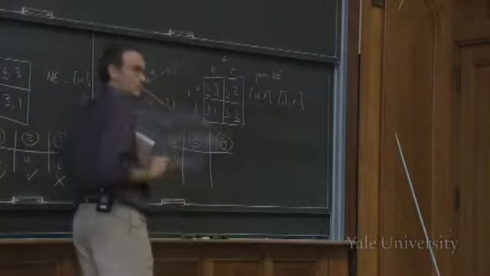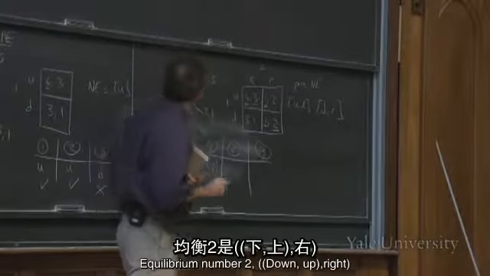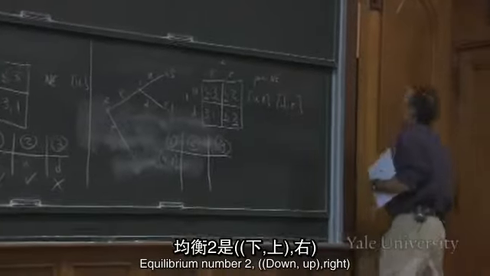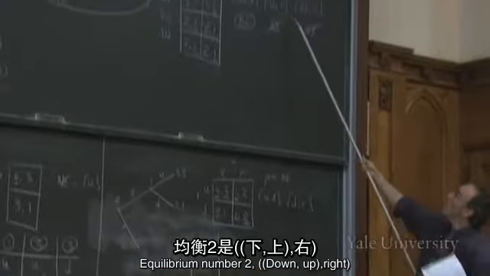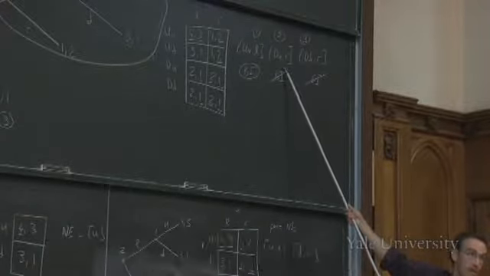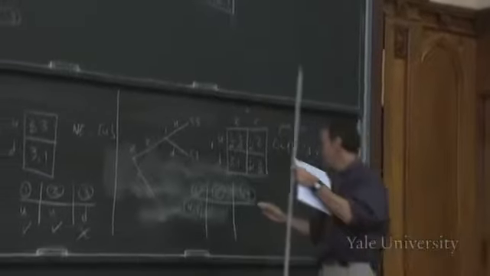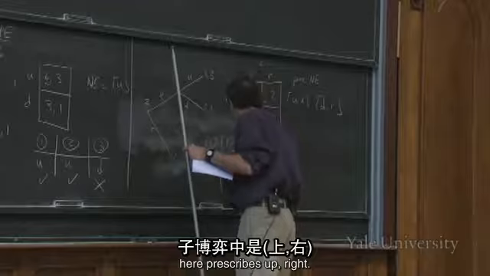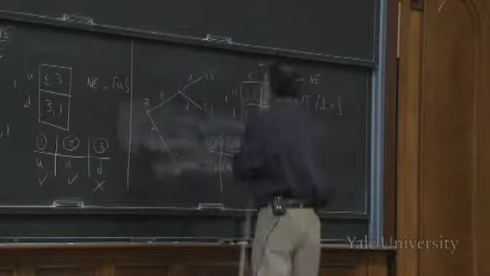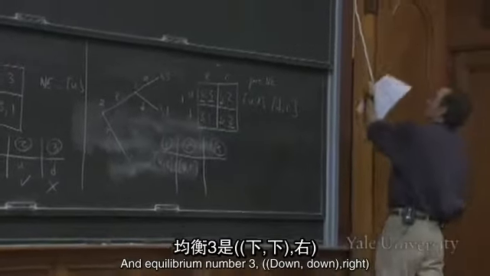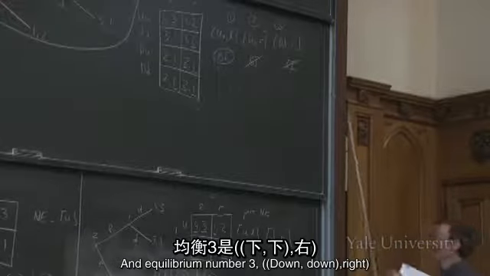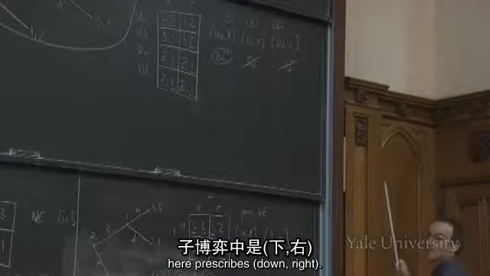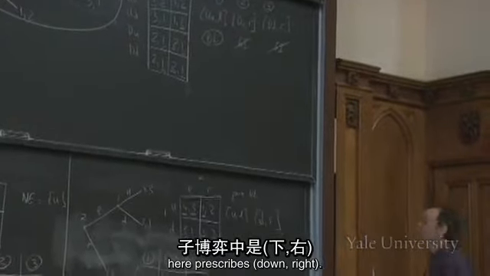Is that right? And equilibrium number 2, down, up, right, here prescribes up, right. And equilibrium number 3, down, right, here prescribes down, right.